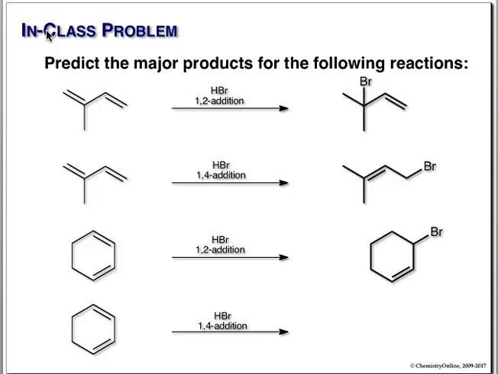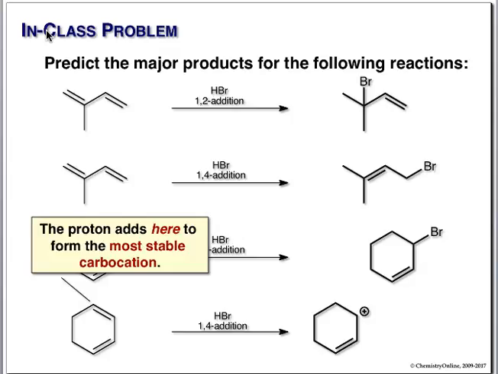Our last one here, let's take cyclohexadiene and do the 1,4 addition. Remember, it's going to start off just the same way. It's going to add a proton to form the most stable carbocation. So let's add it, and it's going to look like this. But because we're doing 1,4, now we need to address the fact that this is going to be resonance stabilized.